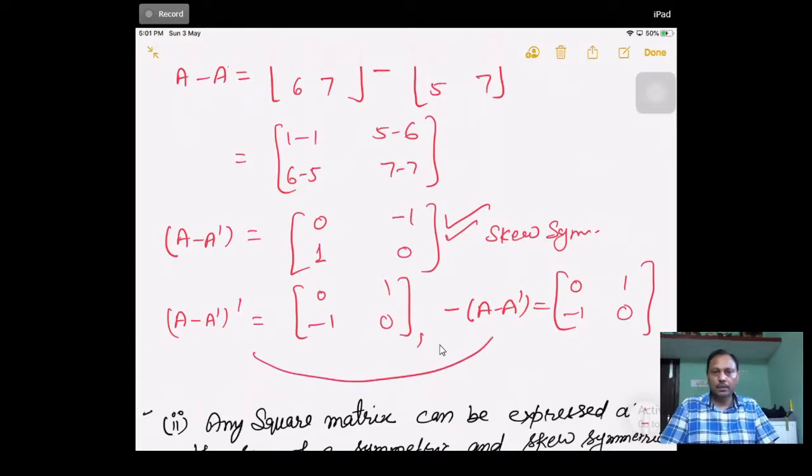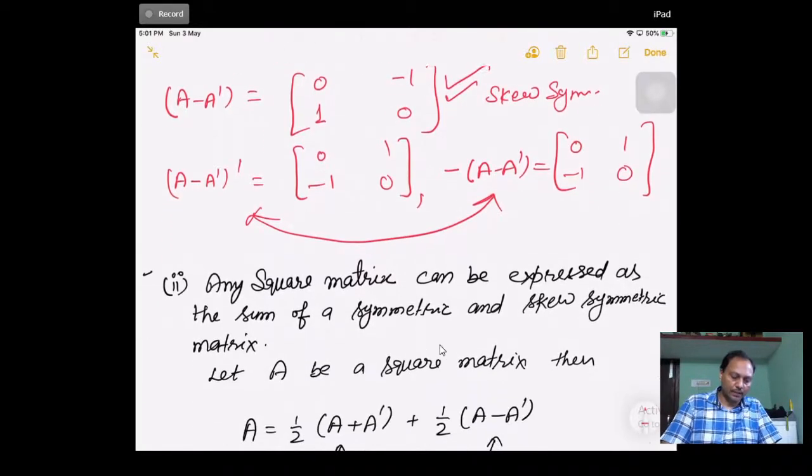It means the transpose of the difference of a matrix with its transpose is equal to the negative of the difference of these two matrices, that is, the matrix and the transpose of that matrix.